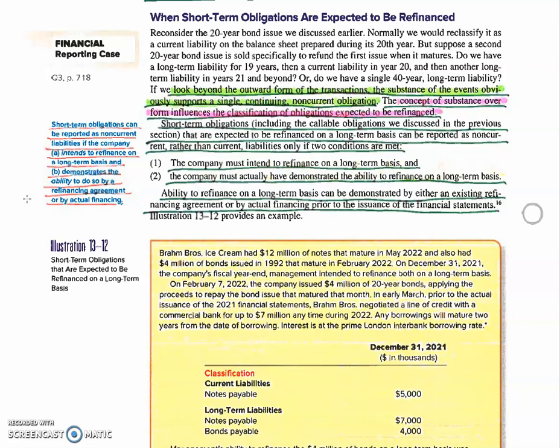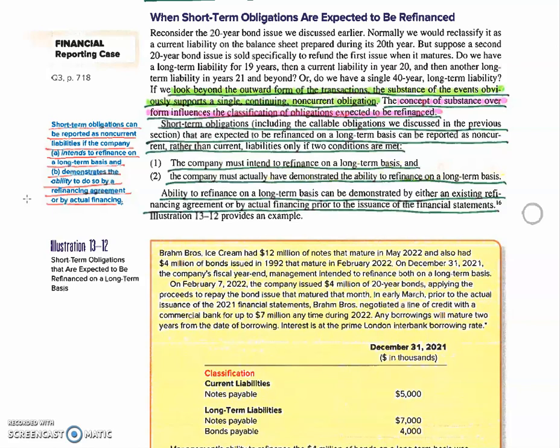Now, what if instead you negotiate a refinance agreement in January? Do you have to show it as current on your December 31 year-end financial statements on the balance sheet? Well, the answer is under U.S. GAAP, no, you do not. That subsequent event makes clear something that was unknown at year-end but did exist at year-end.